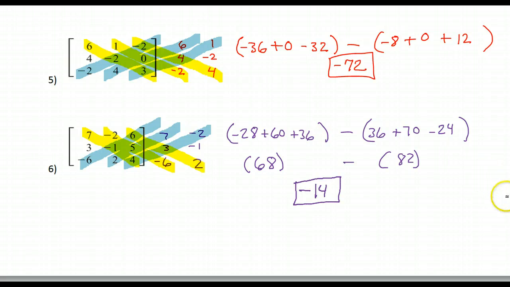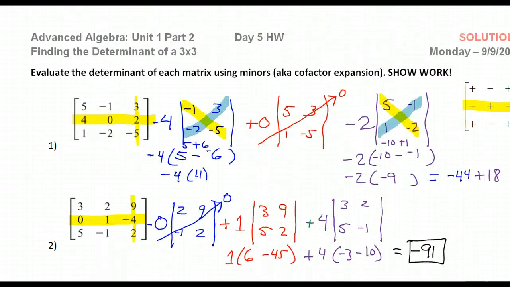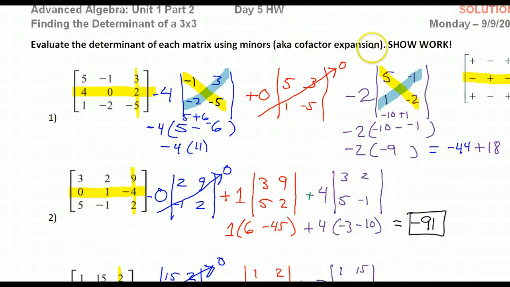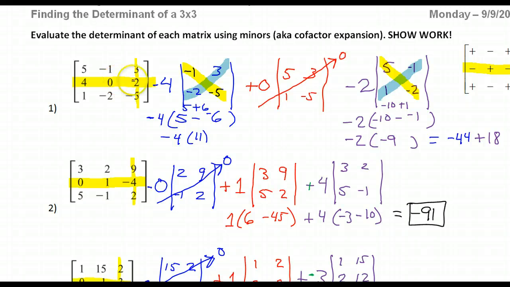So now I have shown you two different methods for finding the determinant of a 3x3 matrix. First, I showed you that you could find the determinant using something called cofactor expansion, which is also known as using minors. And remember, we had to pay attention carefully to the signs depending on which row you picked.